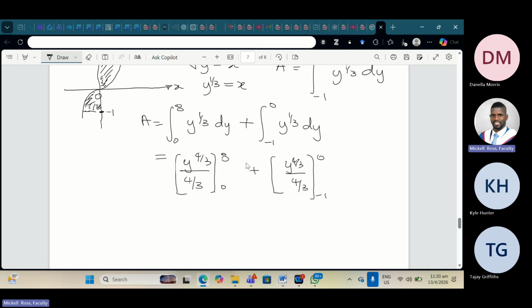So all we have to do is substitute in y, and you have to use the calculator for this.